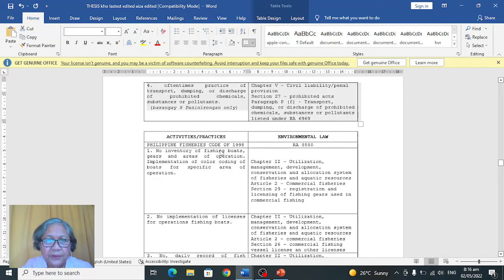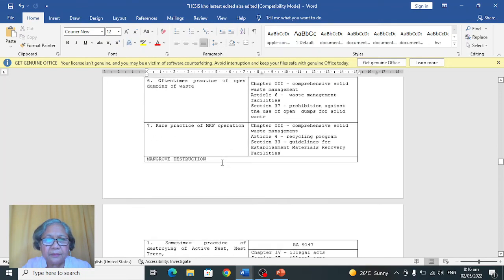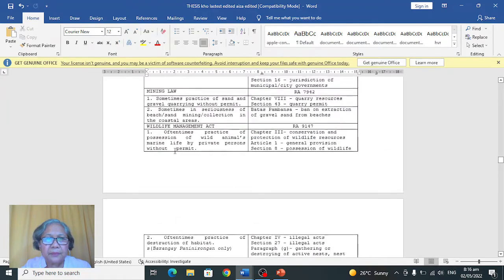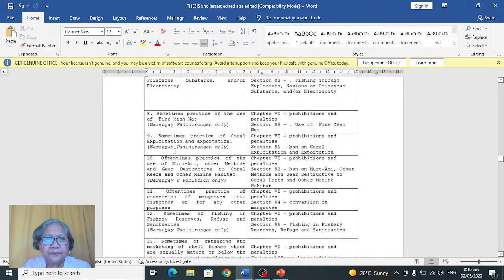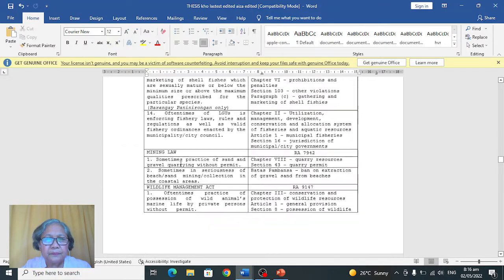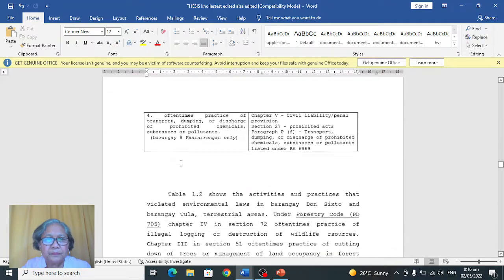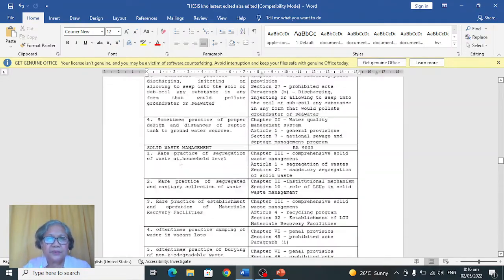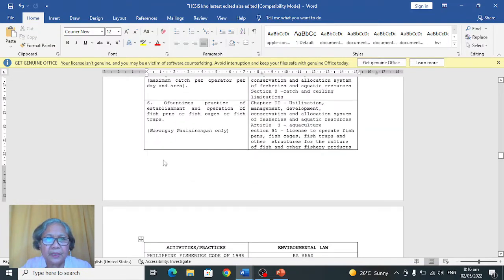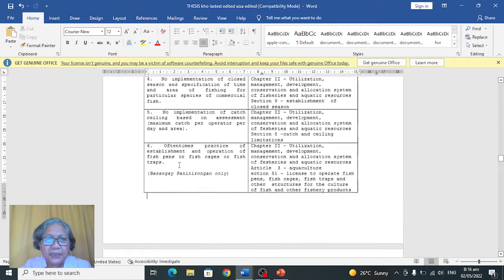Delete rows. Okay. What happened? Nagduro-diretso. Sorry. So, yan. Dito na. So, 6 lang. Number 6.